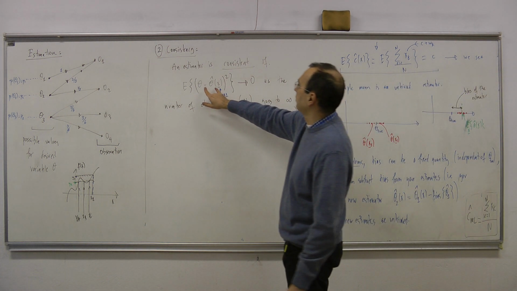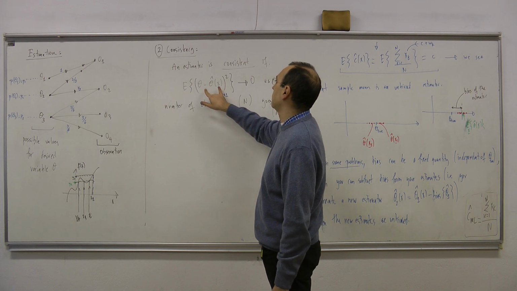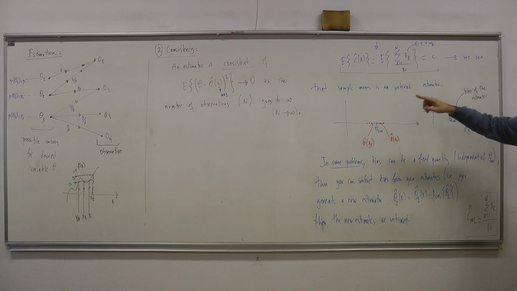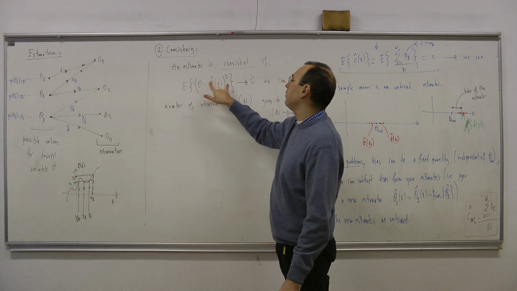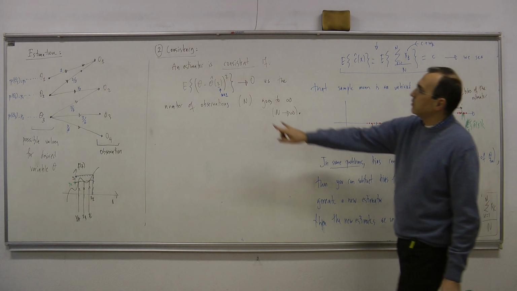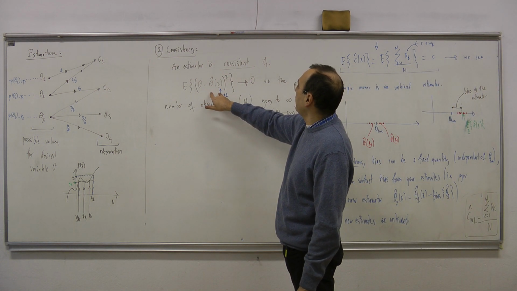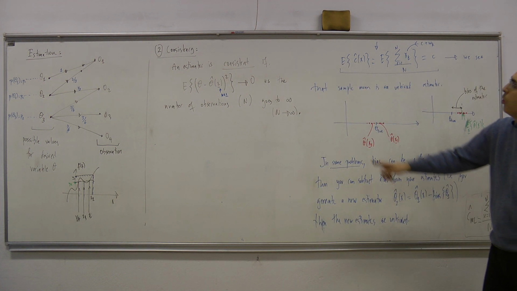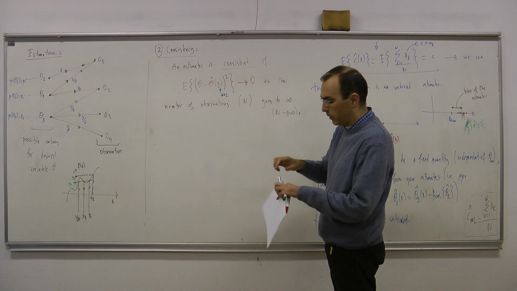This is the error. If the error is zero mean, let's say in the unbiased case, then this is the error variance. If the error variance approaches 0 as n goes to infinity, we call that estimator a consistent estimator.